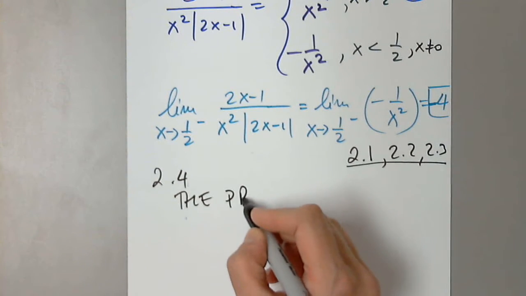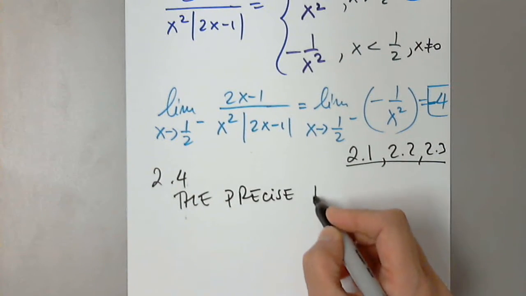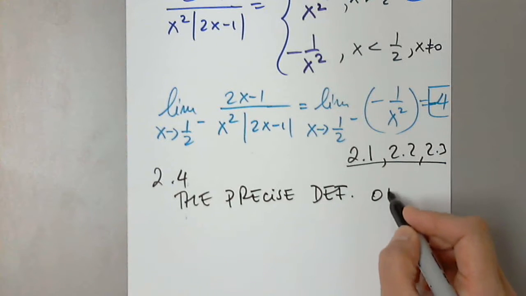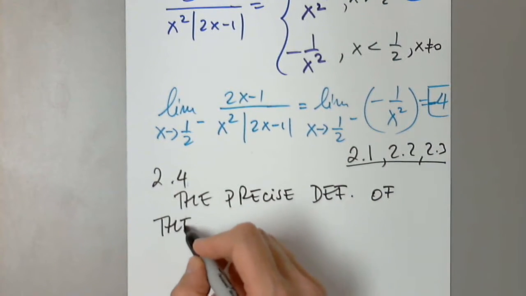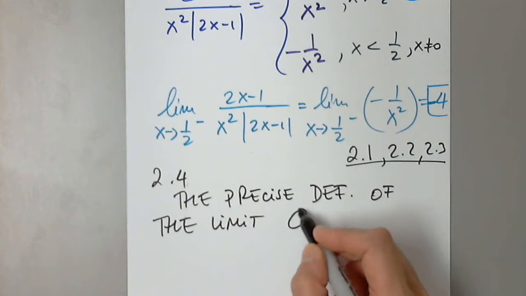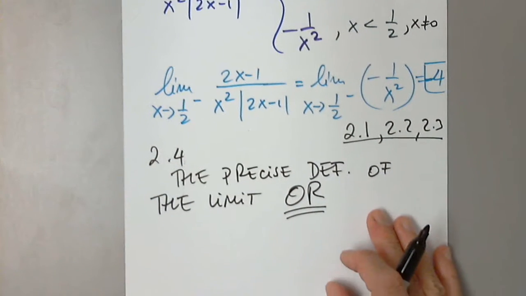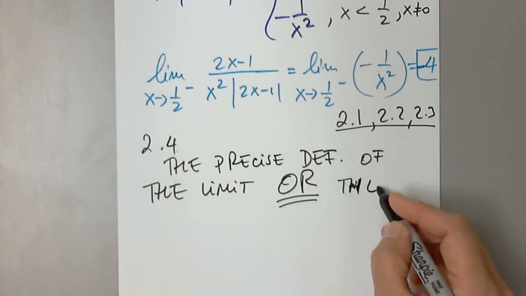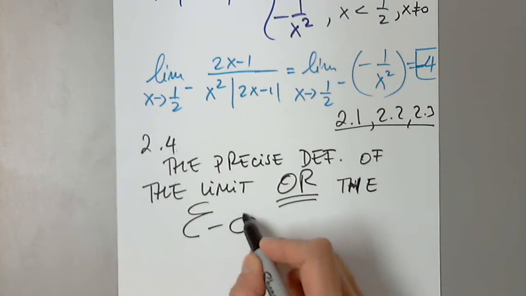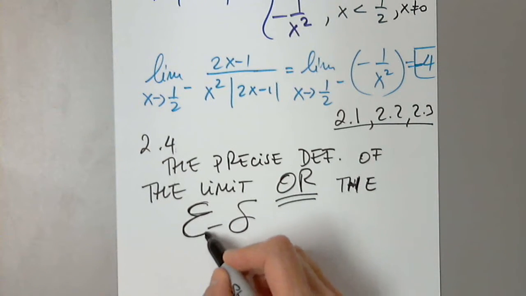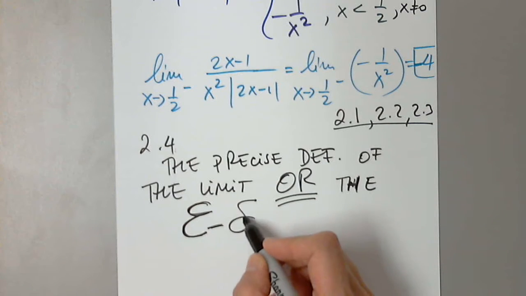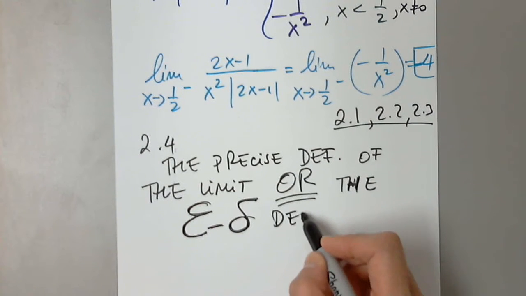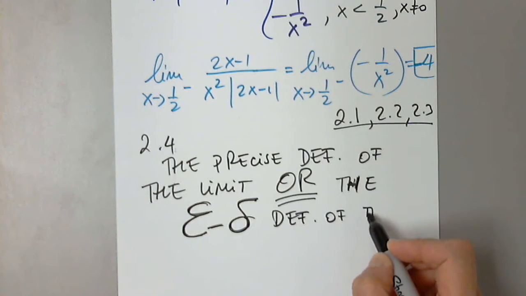The precise definition of the limit, also known as the epsilon delta definition of the limit.